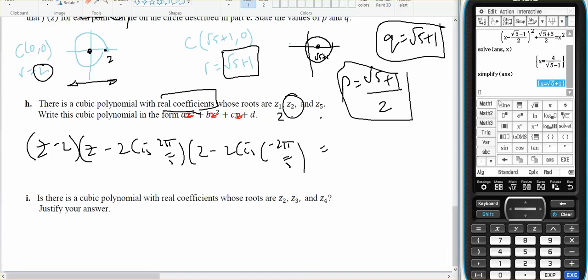So I might use my calculator to do that, and I might use X over on my calculator. So I've got X minus 2 is the first one because it's Z1. I've got X minus 2 cis 2 pi on 5.